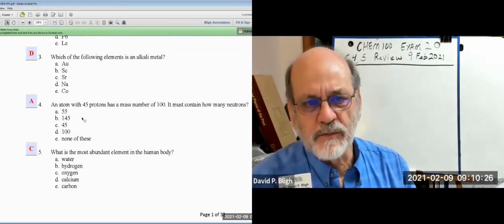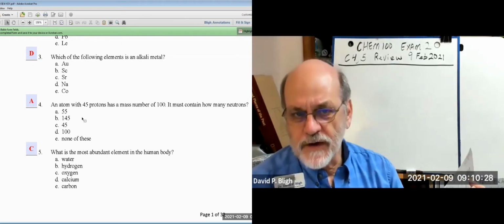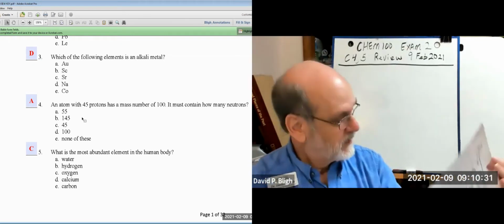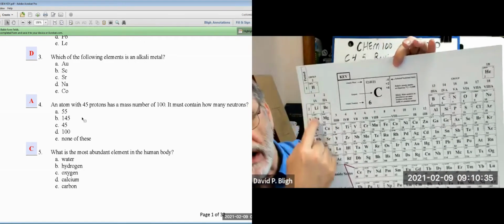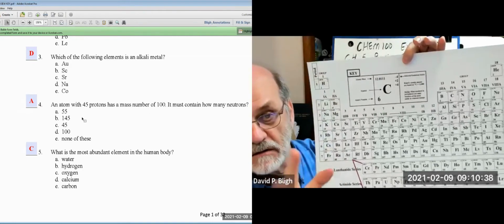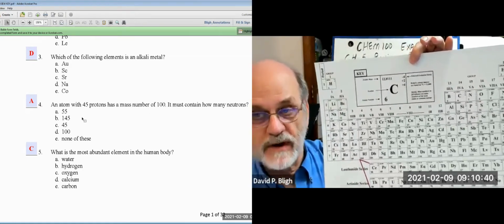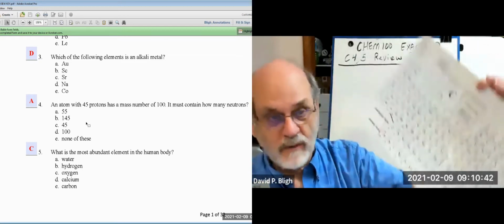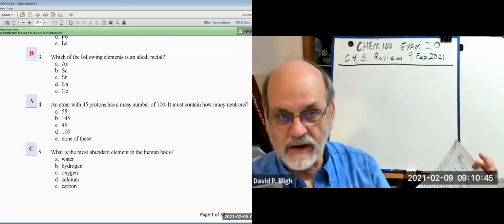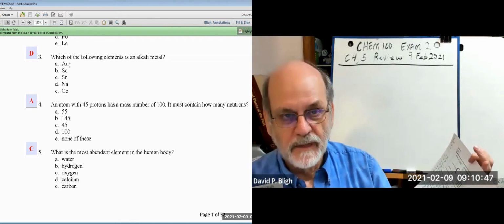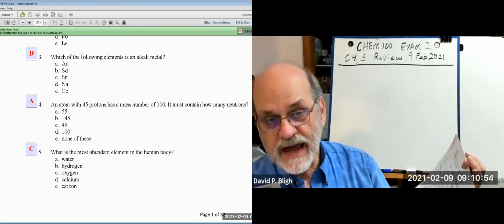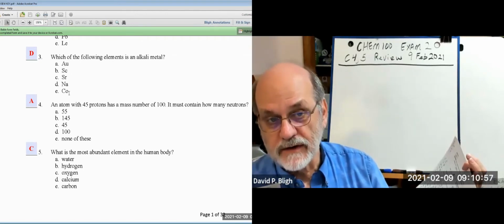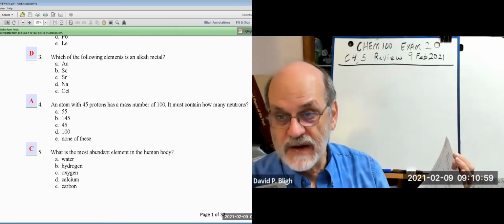Okay, so let's go back to this question. Which of the following elements is an alkali metal? All you have to do is, you know where your alkali metals are, right? They're the first column, and you just match it. If you don't remember, like I remember, that's sodium. Sodium's an alkali metal, and none of these other guys are. AU is gold, SC is scandium, and the gold and scandium and cobalt down here are all transition metals.